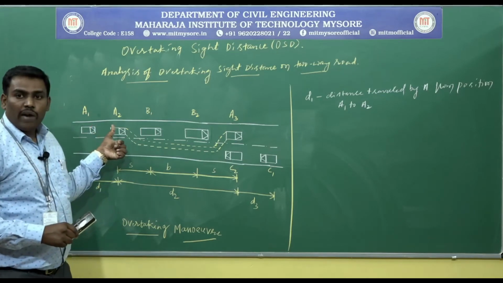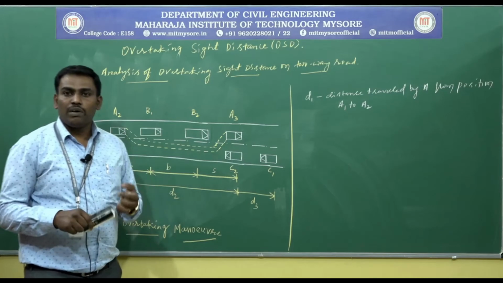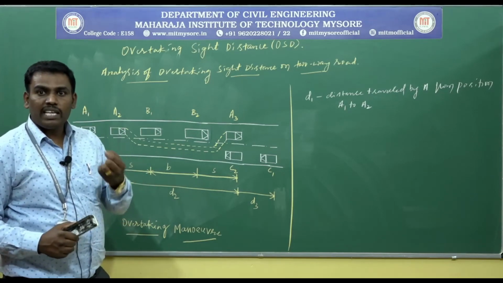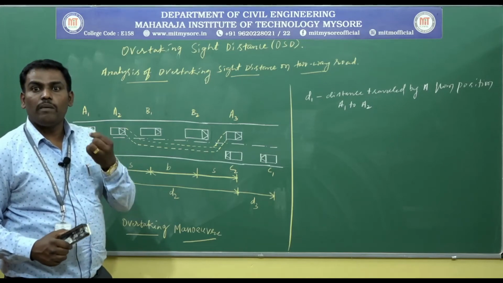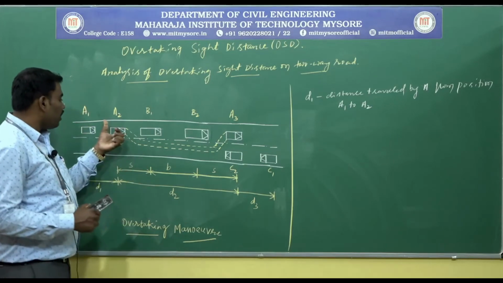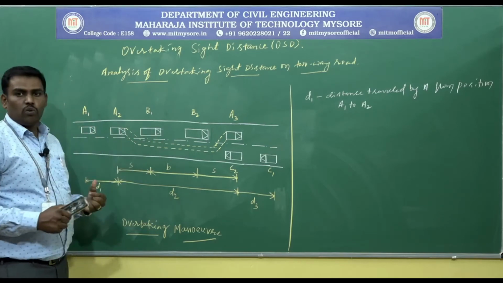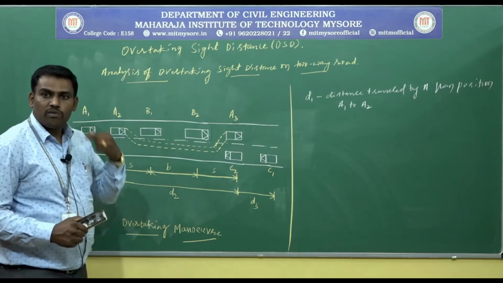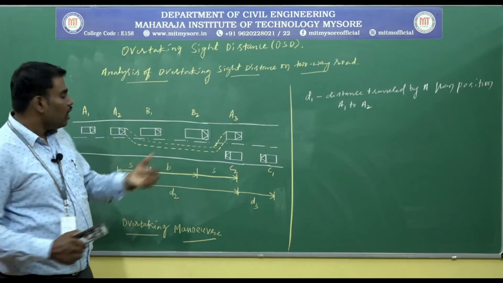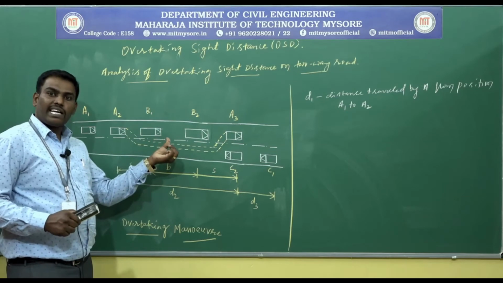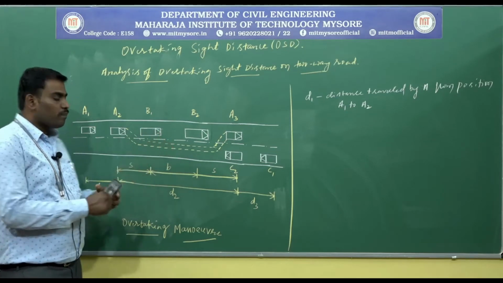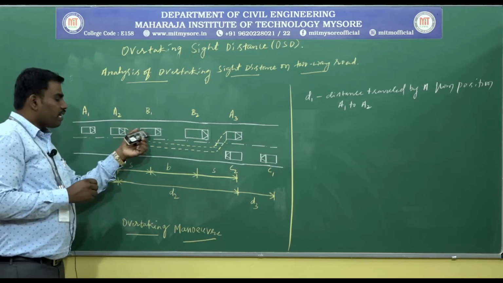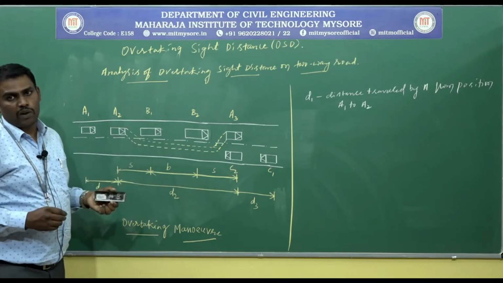The overtaking vehicle A, initially moving at the design speed V meter per second, forcibly reduces its speed to VB meter per second, that is the speed of the overtaken vehicle, to maintain the minimum spacing between the overtaken vehicle and overtaking vehicle.